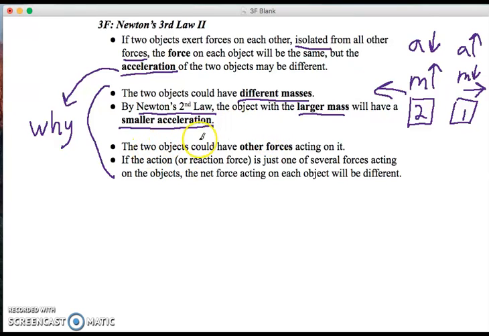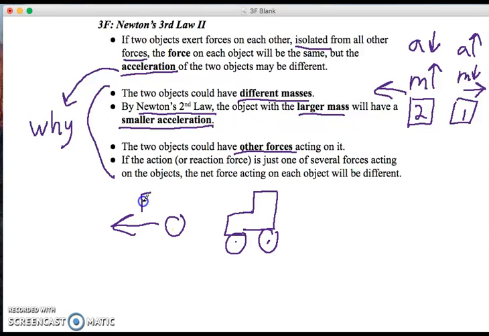Another reason why you might have the same force, but not the same acceleration on both objects, is that there could be other forces in play. For example, a baseball hitting a car, running into each other, and you get two forces coming out.